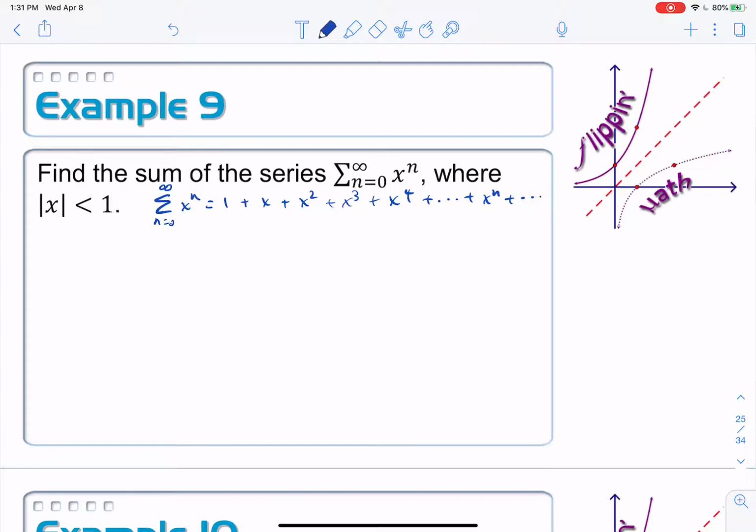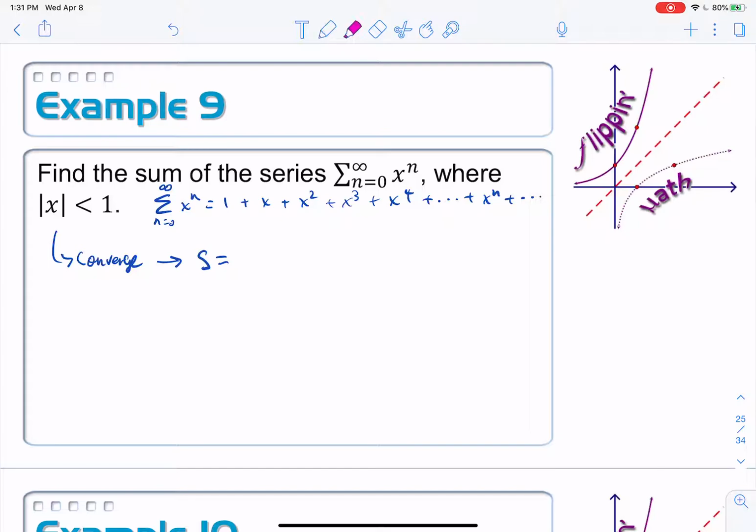All right, so this is sort of functioning just like a geometric series. And if we are assuming that our common ratio here, the absolute value, is less than 1, then that means that this thing is supposed to converge. All right, if it converges, we should be able to figure out what the sum is. The sum is equal to whatever the first term is.